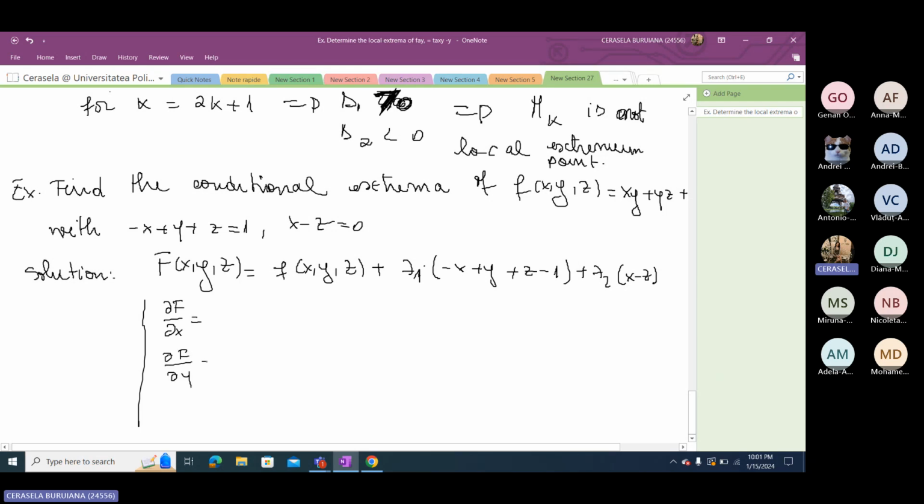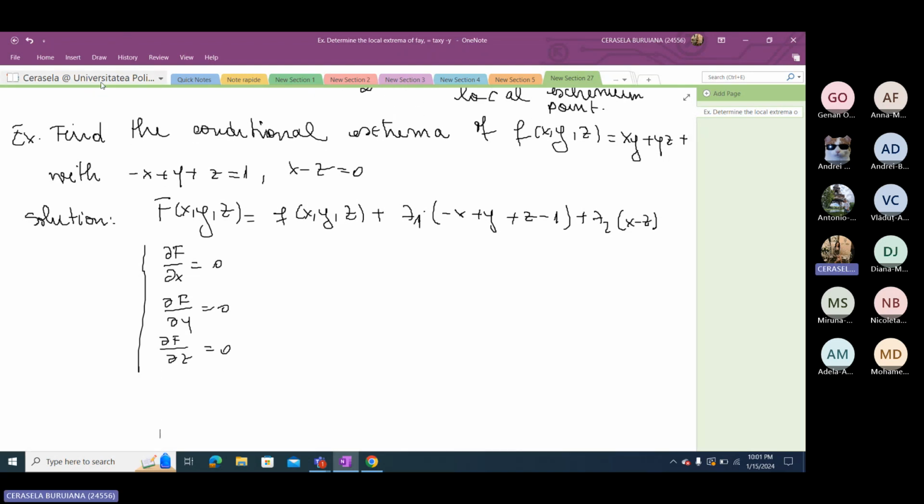We put the condition that those are 0, and we add also the conditions. Okay, if you do it like this, I put minus x plus y plus z equals 1 and x minus z equals 0. Okay, I will need some help because I don't want to make mistakes. Please follow me.